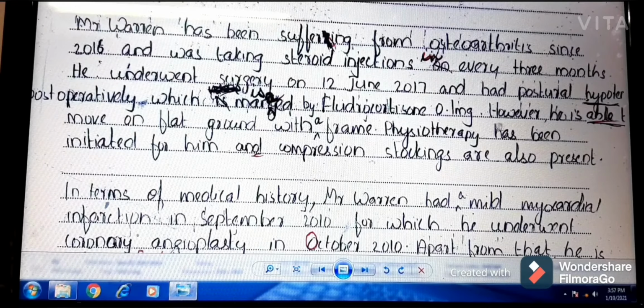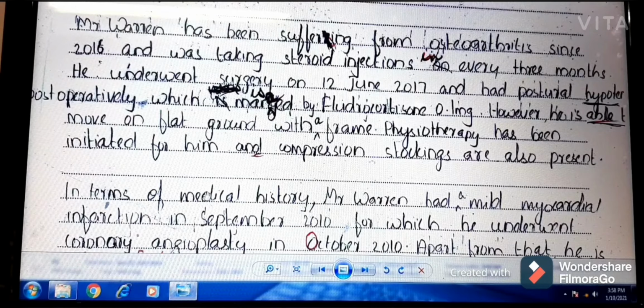Physiotherapy has been initiated for him and compression stockings are also present. Physiotherapy has been initiated for him is passive voice. In OET letter writing, passive voice is given significance because the doer of the action is insignificant. In active voice sentences, the doer of the action is more significant.